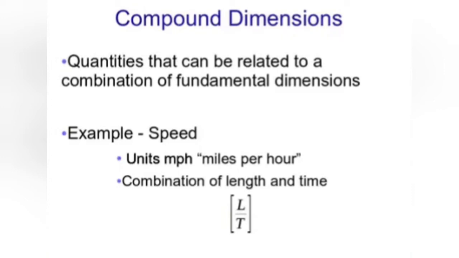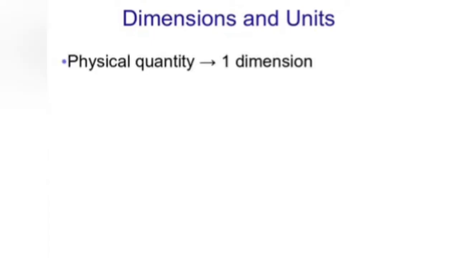Now, since I mentioned units, let's take a look at what is the relationship between dimensions and units. Any physical quantity you want to measure, whether it be a length, a speed, a density, has a dimension that goes with it. Might be a basic dimension, might be a compound dimension, but there's one dimension that's assigned to that type of physical quantity.